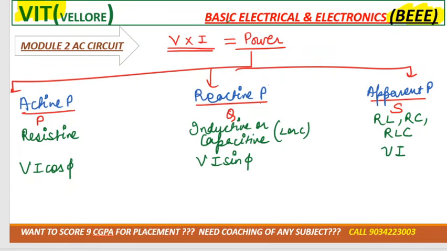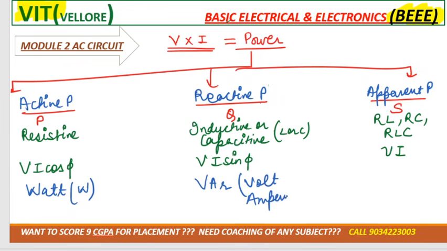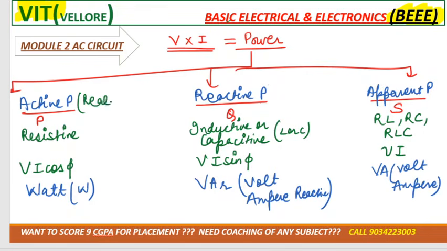Apparent power formula is VI. Active power's standard unit is watt, represented by W. Reactive power's standard unit is VAR, volt ampere reactive, and apparent power's unit is VA, that is volt ampere. Active power's other names are real power or true power.